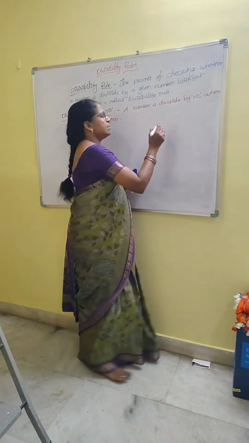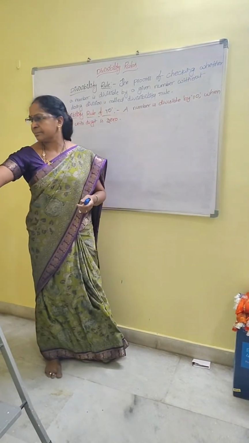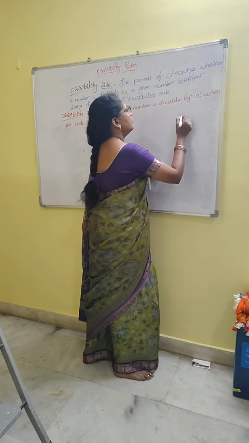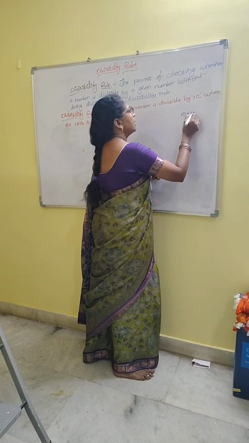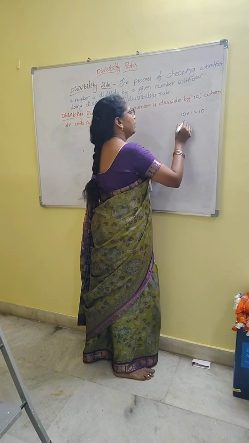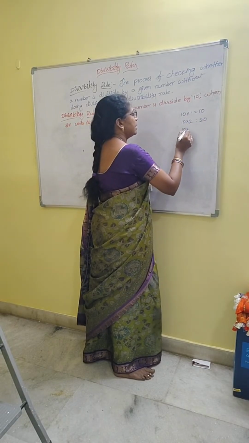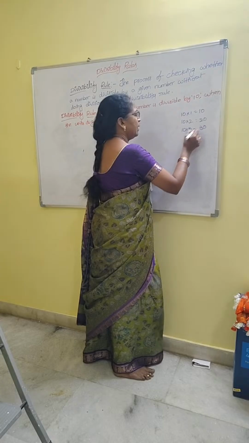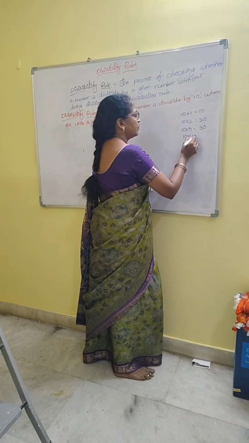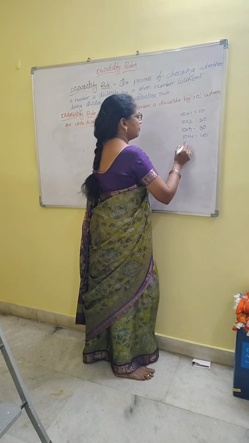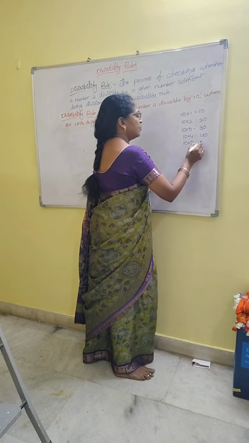Here, just observe. For example, 10 ones are 10, 10 twos are 20, 10 threes are 30, 10 fours are 40, 10 fives are 50.